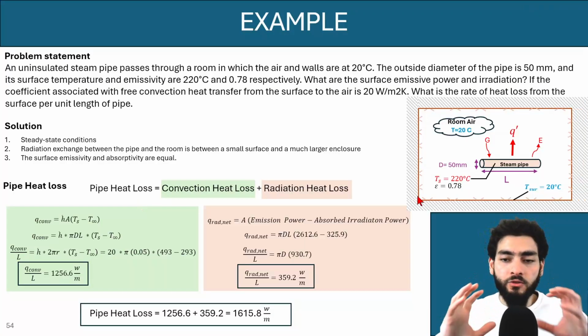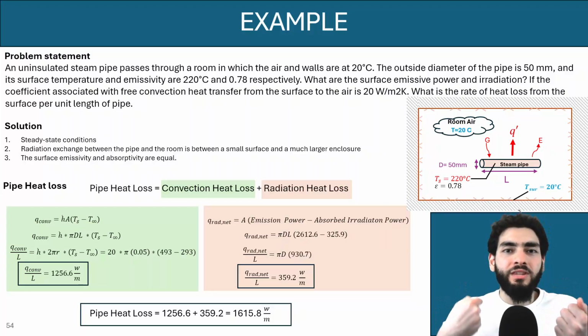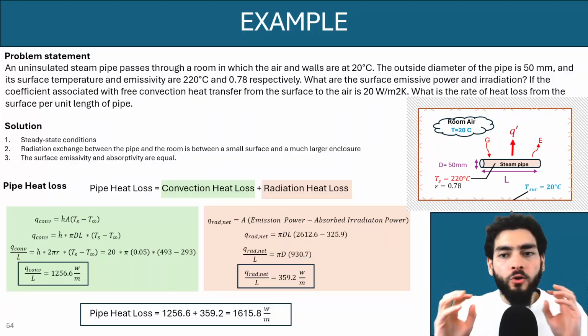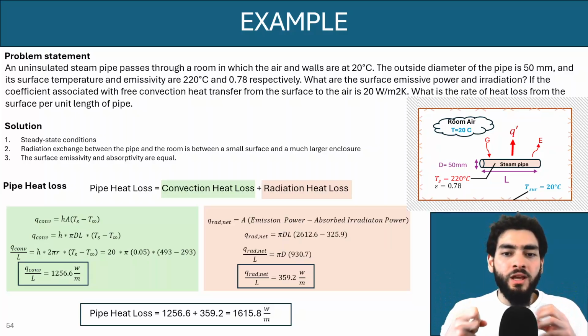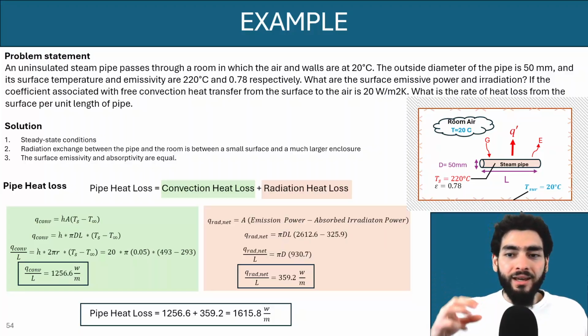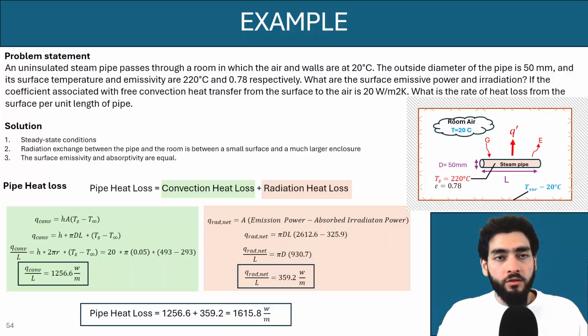One of the things that I really like about this example is that it helps you build the right engineering intuition. Because as you could see for this example, you have both modes of heat transfer that contribute to the total pipe heat loss. So you have convection and you have radiation on the other hand. Now, you'd have to exercise your engineering judgment because you might have other applications where you would say the radiation heat loss is negligible compared to the convection heat loss.